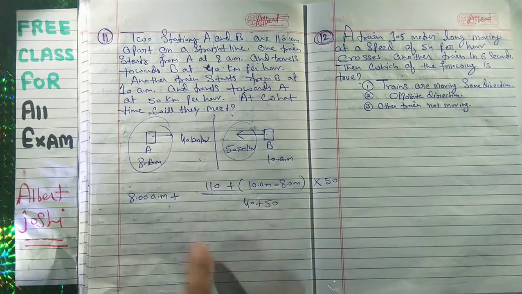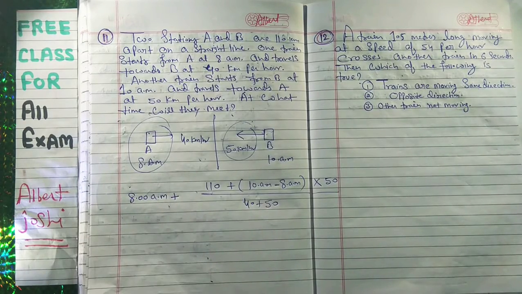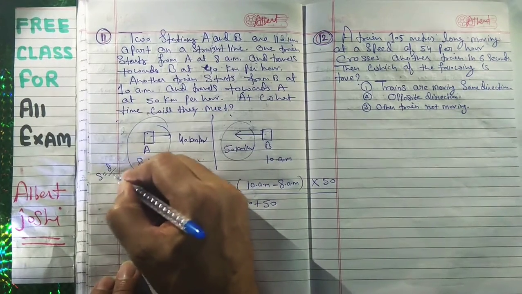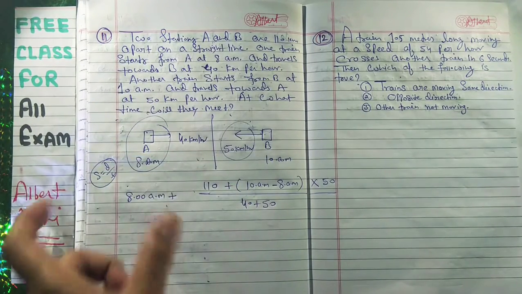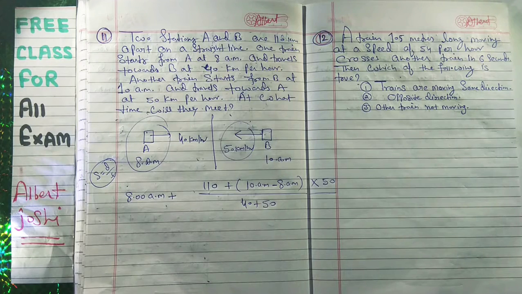That is the answer. Very simple. Already we have given you this. When will they meet? You can also calculate by the help of your high school method. Speed is equal to distance upon time. By the help of this you can also calculate.